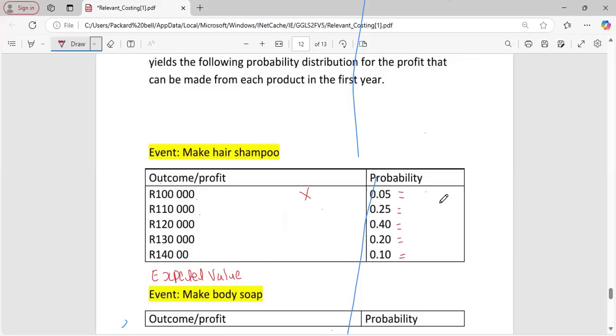The first one is going to be 5,000. Who got the second one? 27,500.